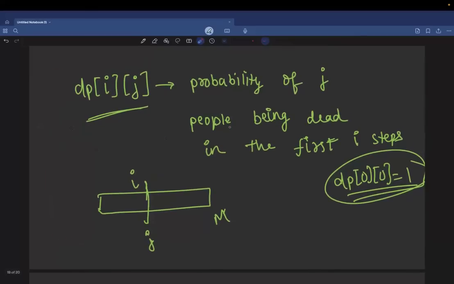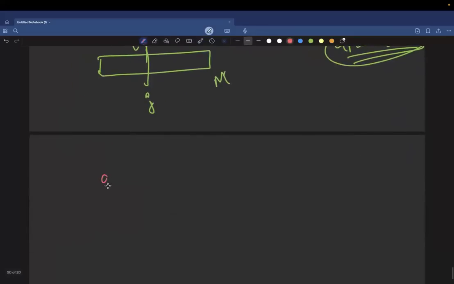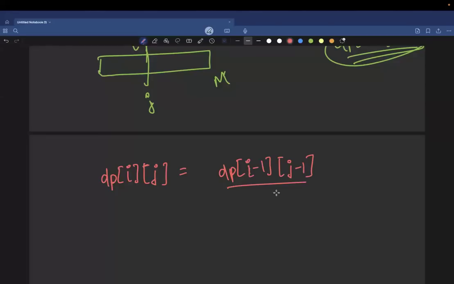I hope all of you were with me till this part where we had discussed the states. Now let's see the transition for j people being dead among the first i steps. Either j minus 1 people would have been dead among the first i minus 1 steps, and there is half a probability of the next person dying.